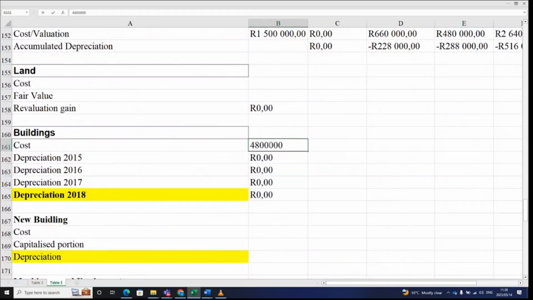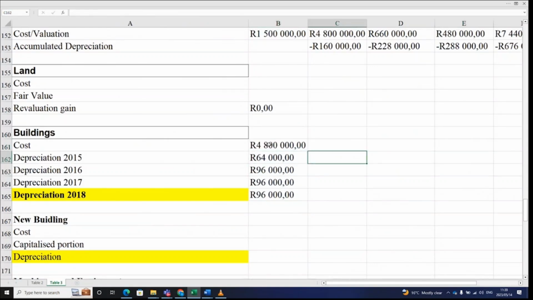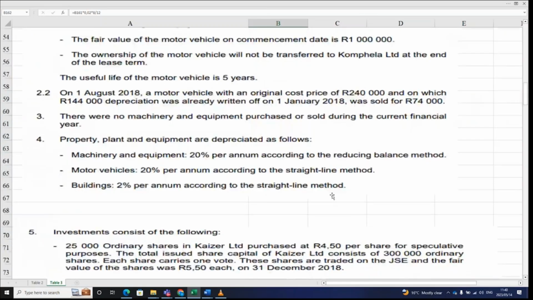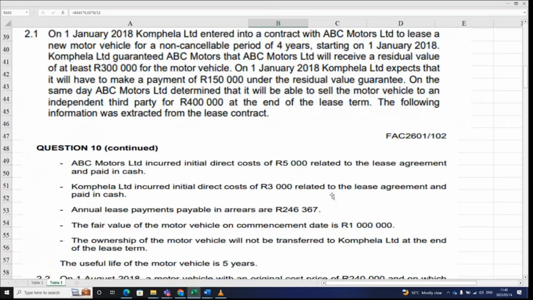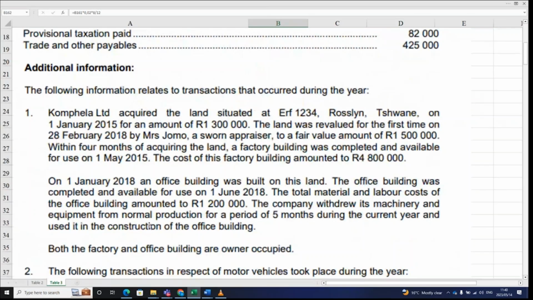I put in the formula there. With the depreciation for the 2015 year when it was purchased, it was depreciated for 8 months. They completed it, or started to use it, from 1 May 2015, as they say in the question.